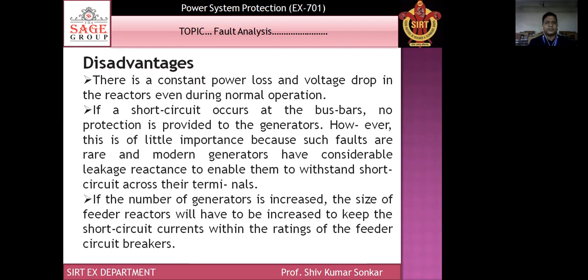However, this is of little importance because such faults are rare and modern generators have considerable leakage reactance to enable them to withstand a short circuit across their terminals. If the number of generators is increased, the size of the feeder reactor will have to increase to keep the short circuit current within the ratings of the feeder circuit breakers.